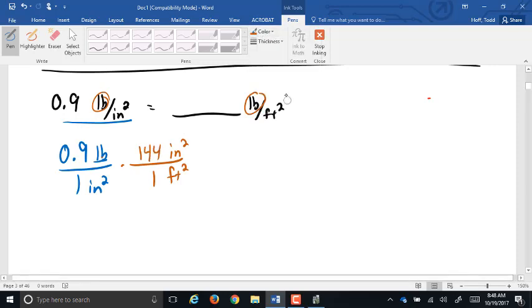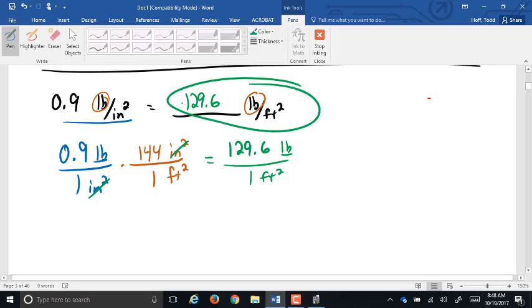Very good. Square inches cancel out. 0.9 times 144 is 129.6. Does that look right? Pounds over 1 square foot, so it's 129.6 pounds per square foot.